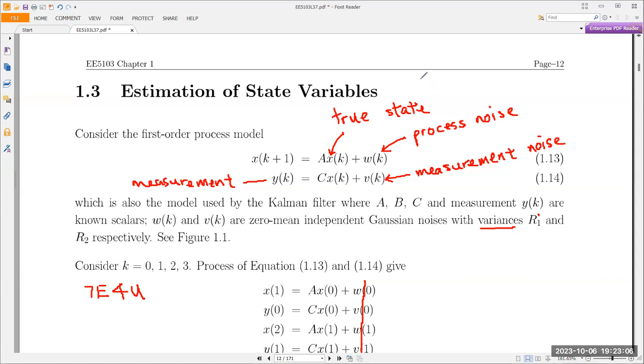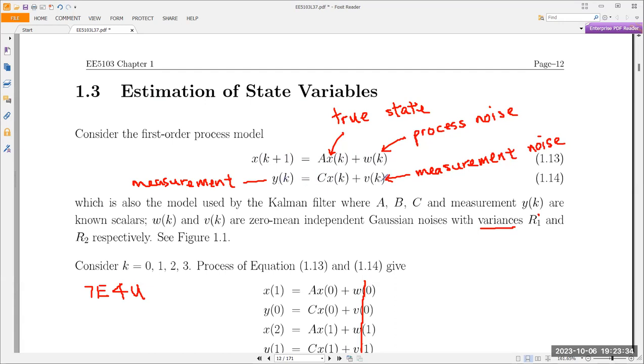All right, this equation 1 has less noise, less random variable, as in the random variable here is smaller. Then we will trust equation 1 more.